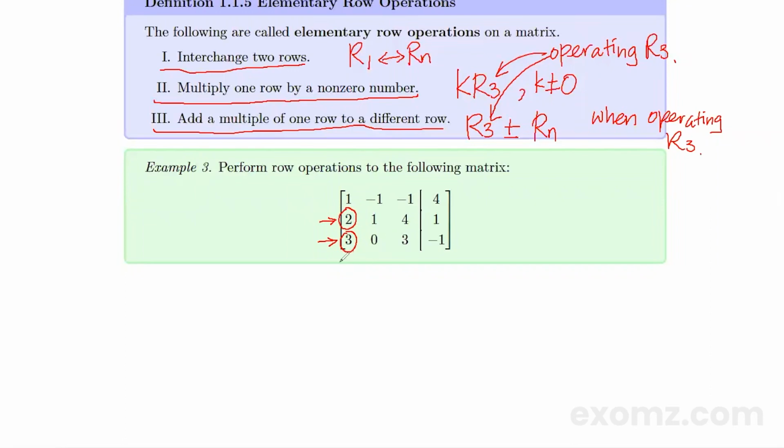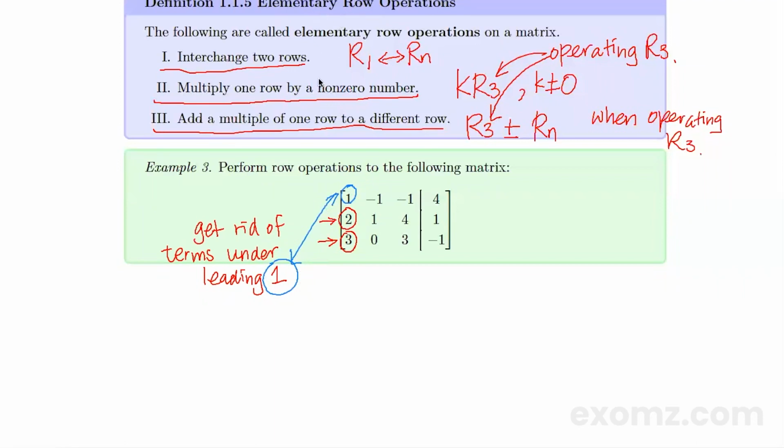When you're doing row operations or row reduction, one thing that you always want to do is to get rid of the terms under a leading one, which is this one, highlighted in blue. The reason why you want to do this is because you would like to simplify the matrix.